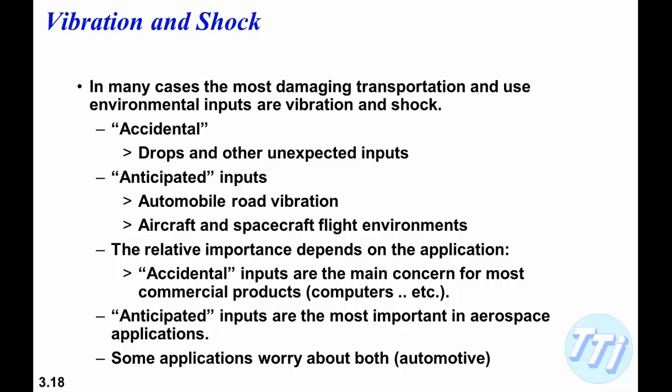And we also have a pretty good idea of what the environments are for aircraft and spacecraft. For aircraft, the primary thing we have to worry about is fatigue damage. And what we do is we subject our aircraft to a long fatigue test where we're, for instance, bouncing the wings up and down for a long time.